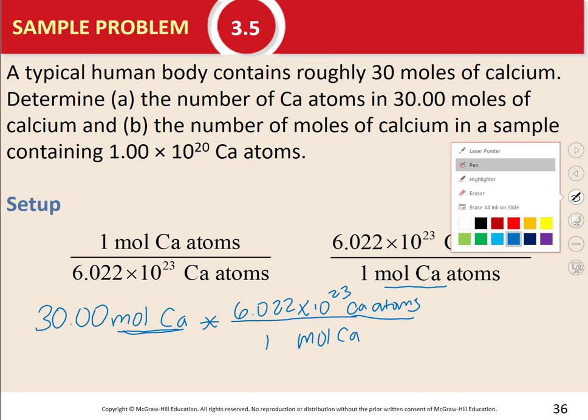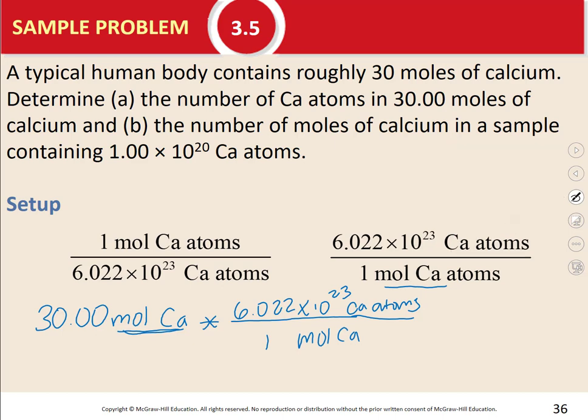When we multiply this then, because moles are opposite from each other, moles of calcium will cancel, and the unit we'll be left with is calcium atoms, which is what we're being asked for, the number of calcium atoms. So always double check that your units are making sense. So that should be a big number.